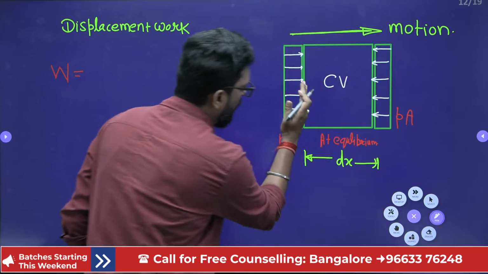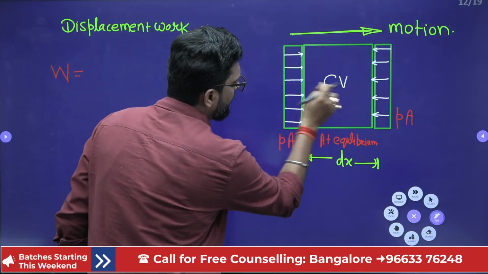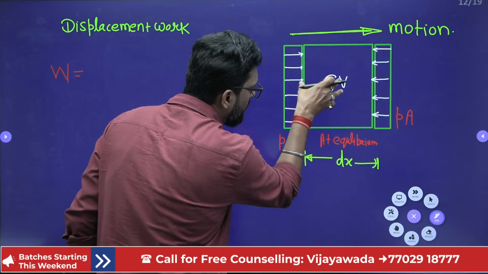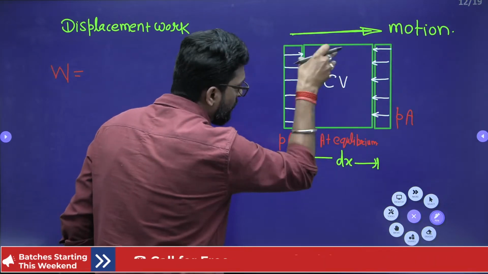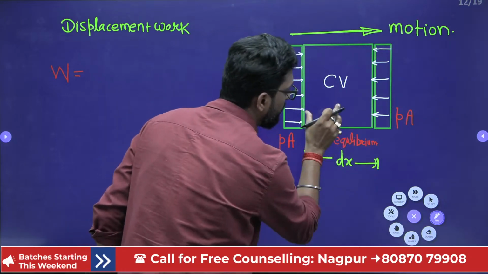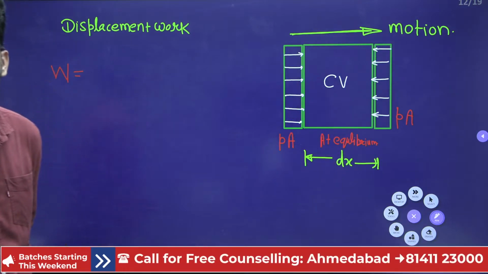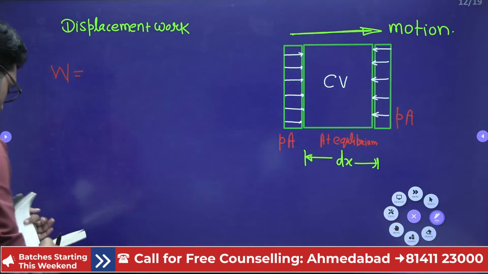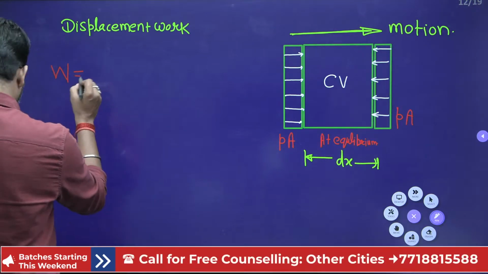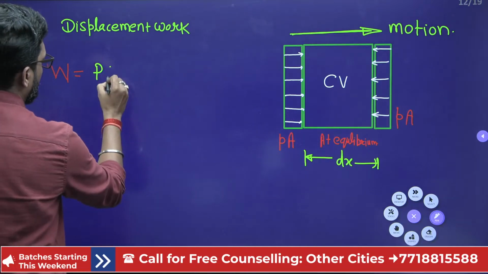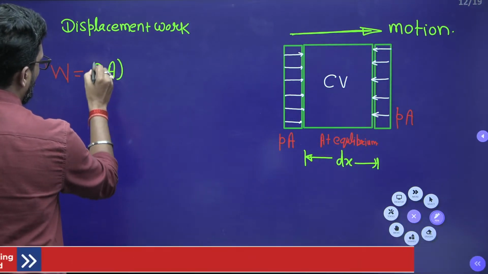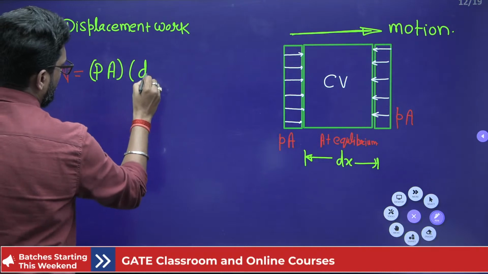That means this is in, this is out. So if you want, this control volume moves out and we take a new control volume in that place. So it will be displaced by a distance dx. So W is equal to this pressure into area, this is force, into dx.